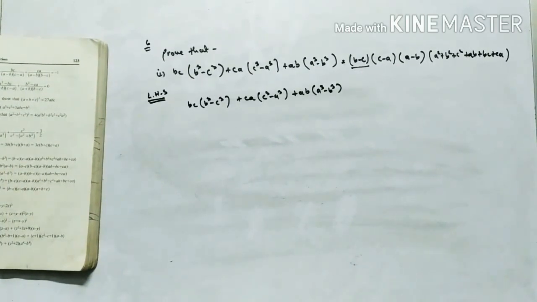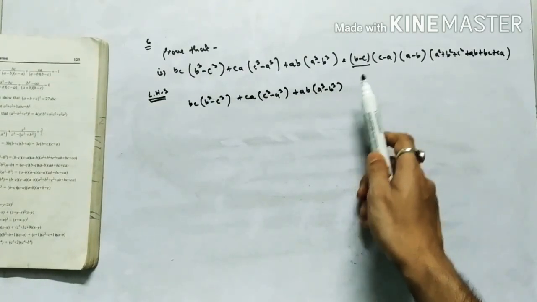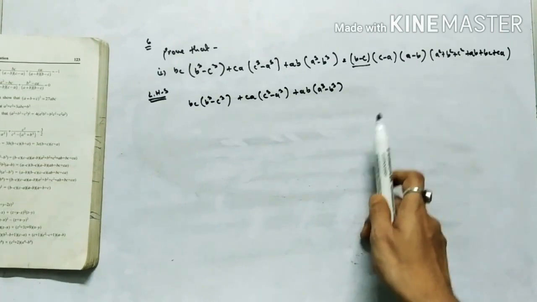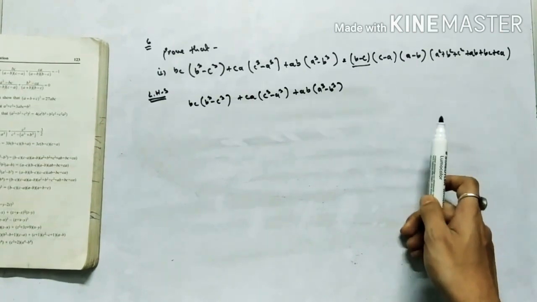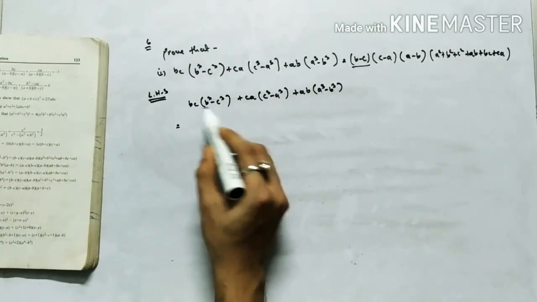So in this type of problems, always remember, first in here I will have to take B minus C common. I will have to arrange this thing in such a way that I will get B minus C common, then C minus A common, then A minus B common. So in here what I will do, this one I will multiply it.